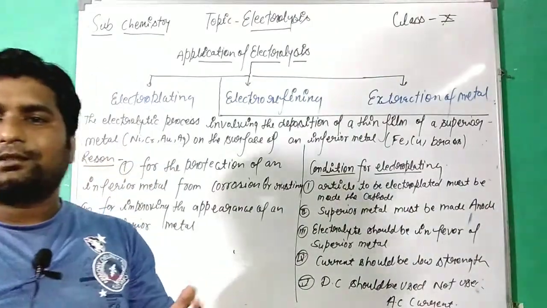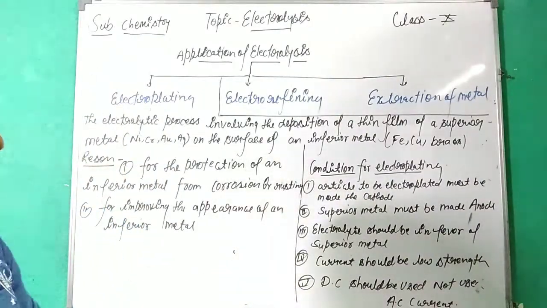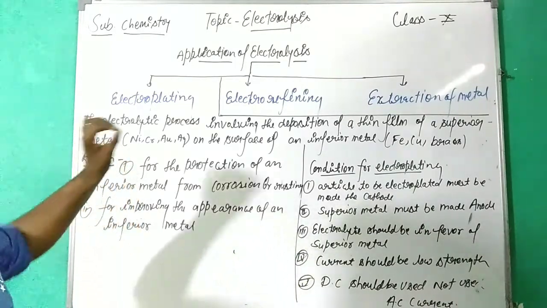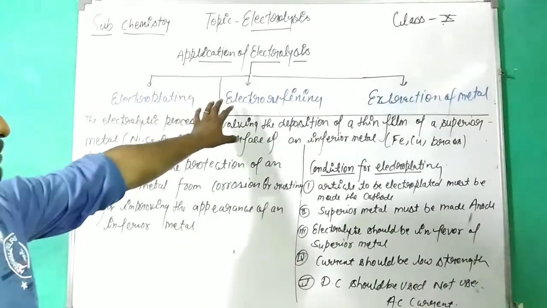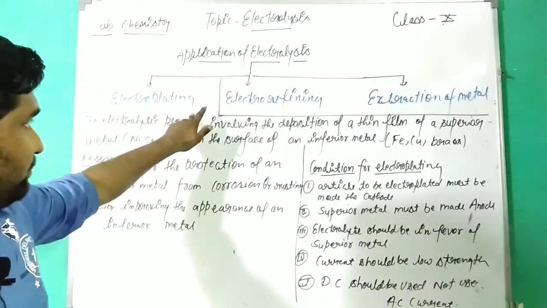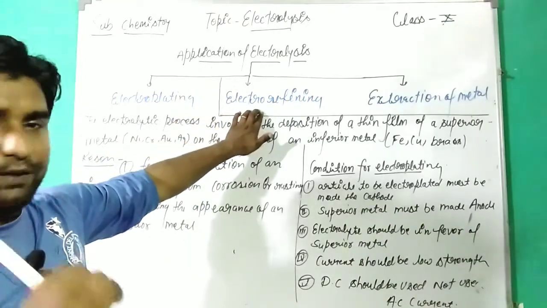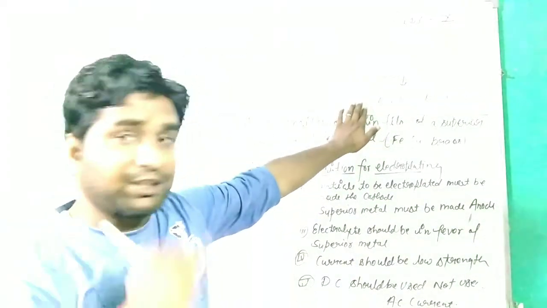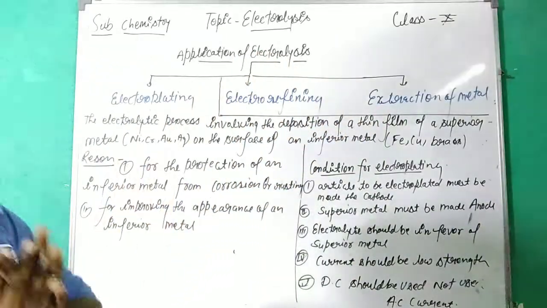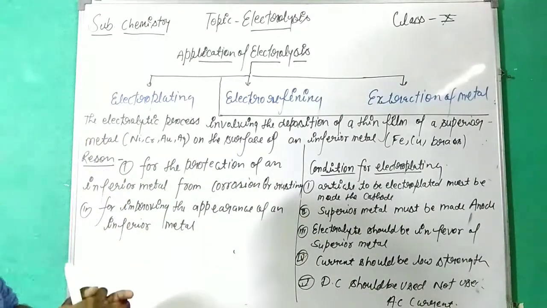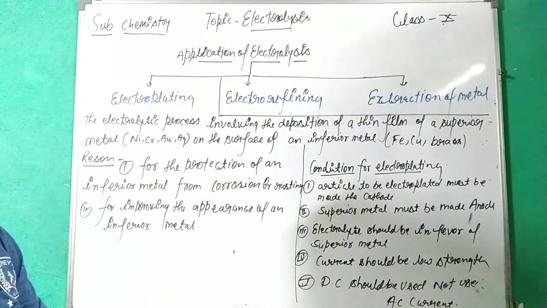There are various applications of electrolysis, but here we will discuss only three: first, the electroplating of metals; second, electro refining of metals; and third, the extraction of metals. So these three topics we will discuss under applications of electrolysis.